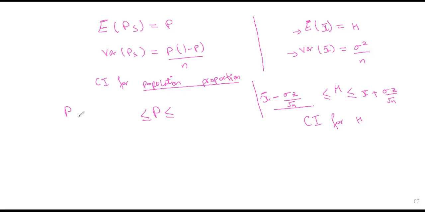Then I'm going to write PS minus Z under root PS, 1 minus PS, divided by N, PS plus Z under root PS, 1 minus PS divided by N.